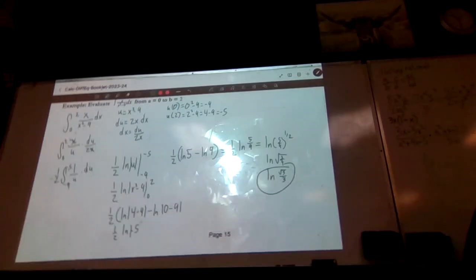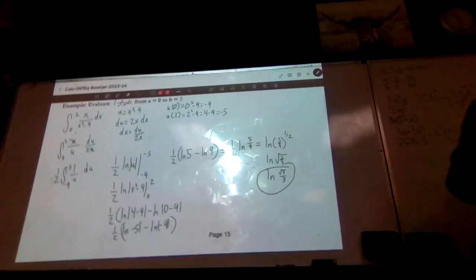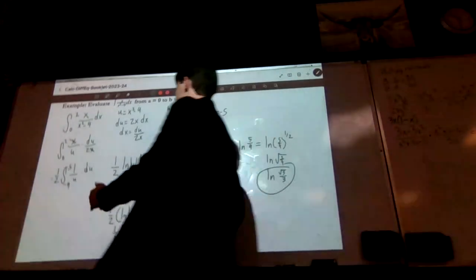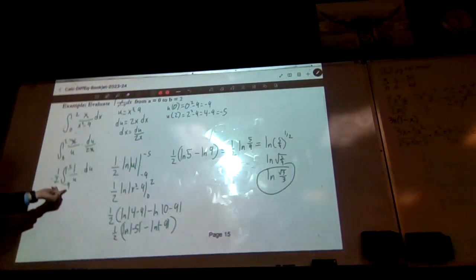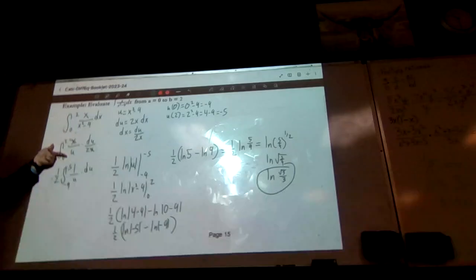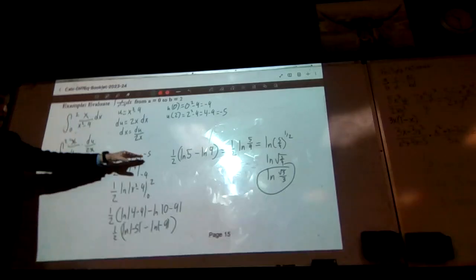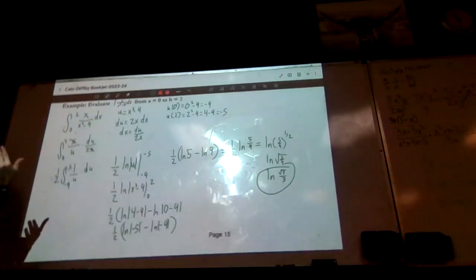Probably the natural log of root 5 over 3. Just a guess. I'm not going to do the whole thing, but looking here, notice we get the exact same thing. So either you can input x back and use the same bounds of 0 to 2, or you can keep u and find new bounds.